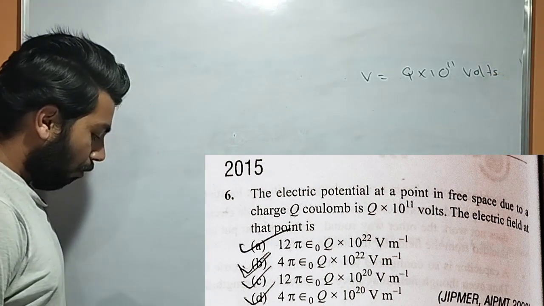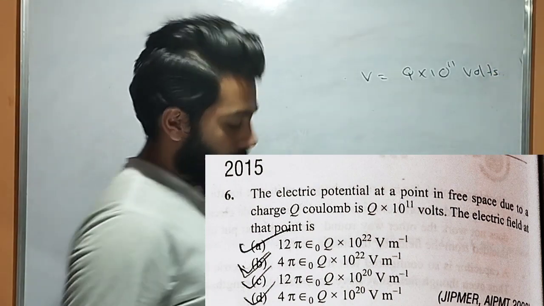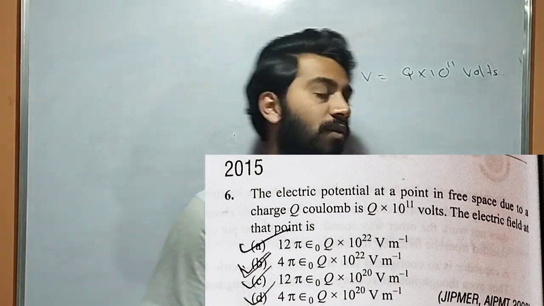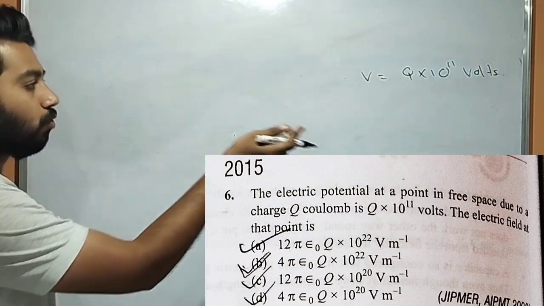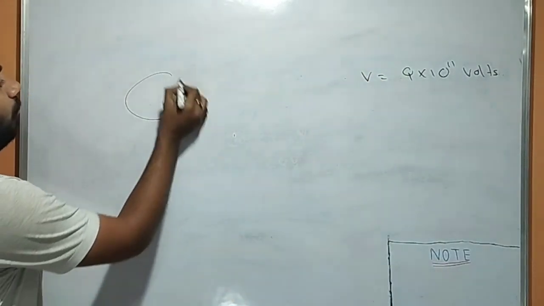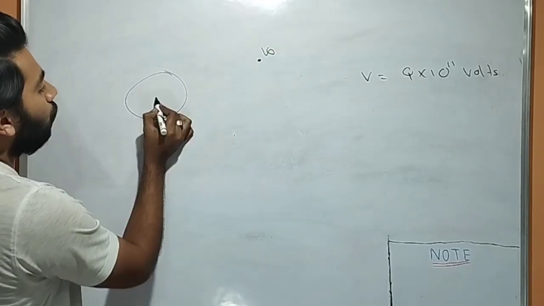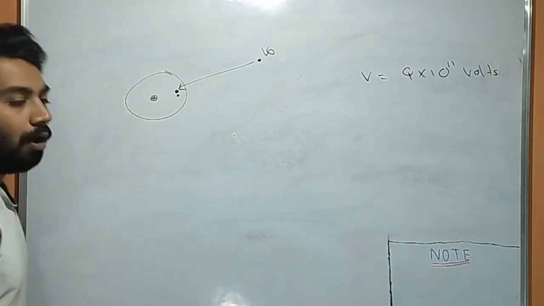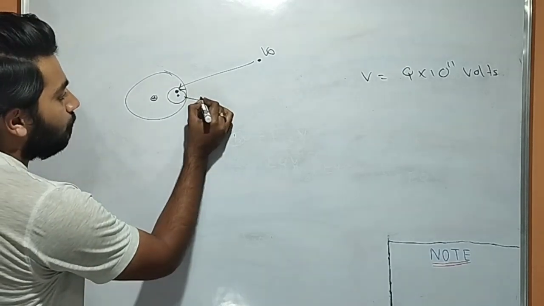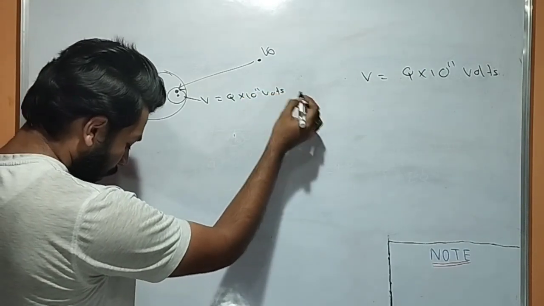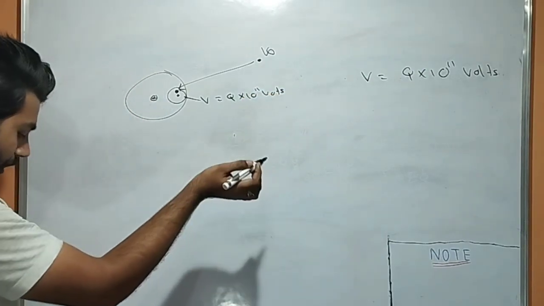What they have said, you have taken a charge from free space to a point in electric field, and you have brought this to here. Now they have said the potential at this point is q into 10 to the power of 11 volts. Now they have said to calculate the electric field at this point.